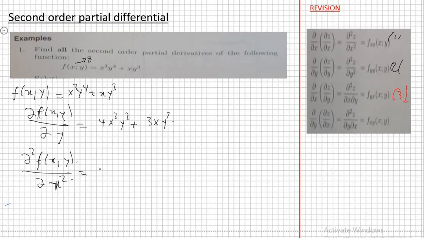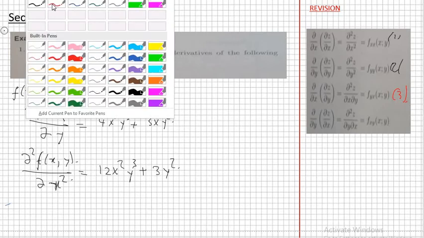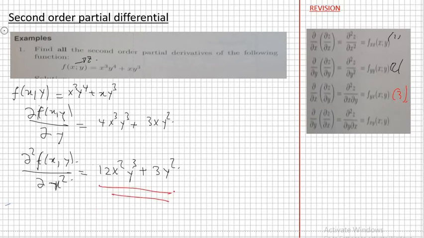So that gives 12x squared y to the power of 3 plus 3y squared. Here the trick is to understand this derivative notation. If they give you this, immediately you need to understand that you have to apply this relation here.